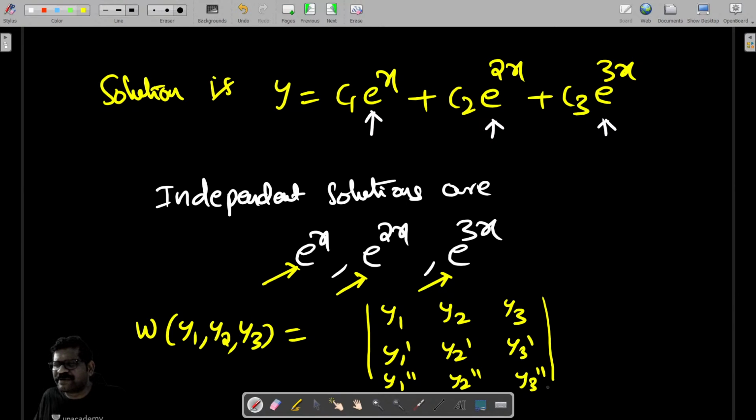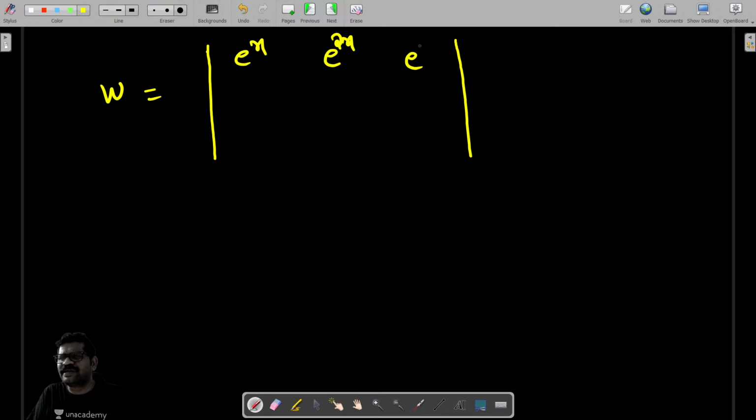You have to calculate derivatives. So you will get a determinant. In this determinant, y1 is e power x, y2 is e power 2x, y3 is e power 3x.